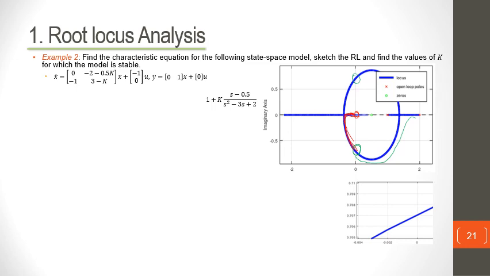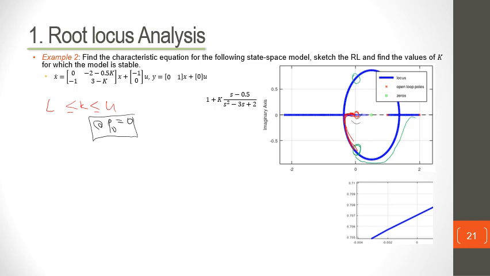So now it means we have both the upper limit and the lower limit of the value of k. The lower limit of the value of k is when the pole is at 0, which means one of the poles is going to be 0 at this point in time. And then at the upper limit, this is what's going to happen. So this will give us the biggest value of k.